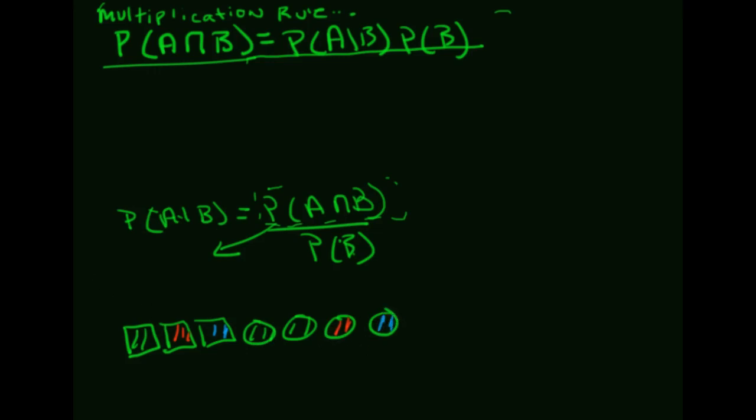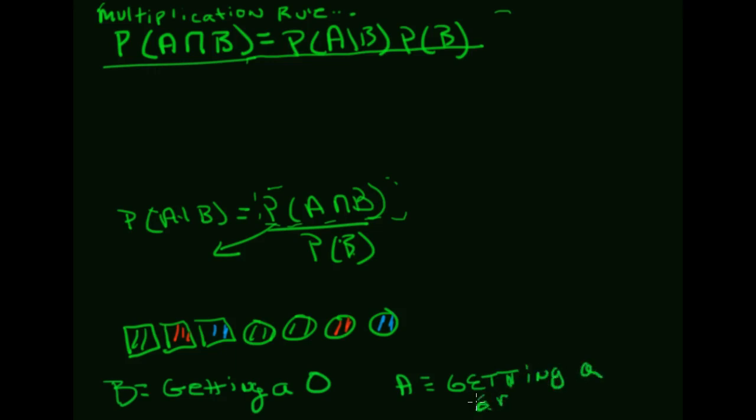Okay. So let's make B be getting a circle, and let's make A be getting a green shape.